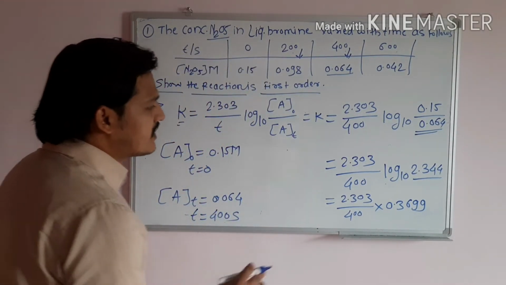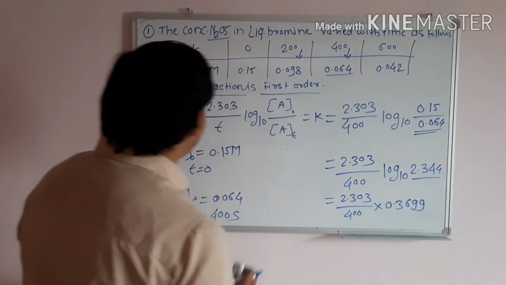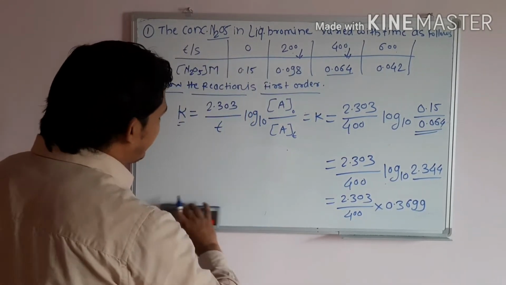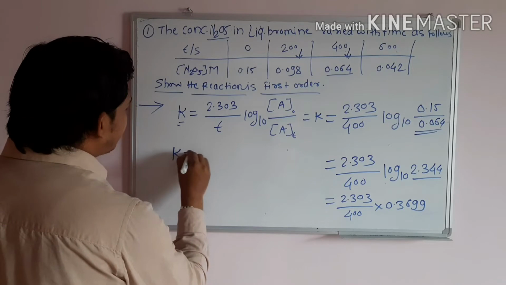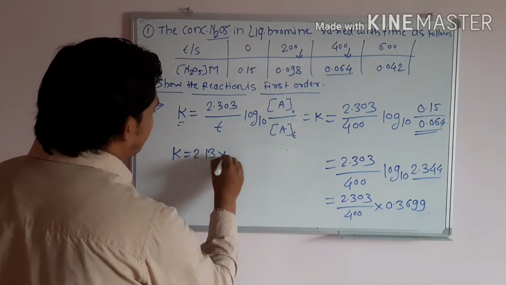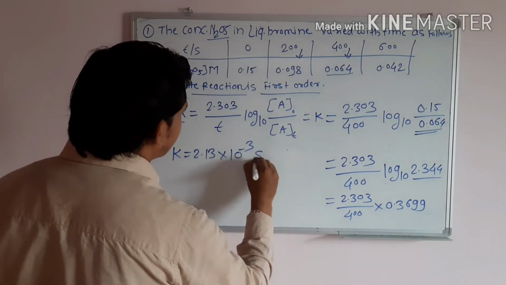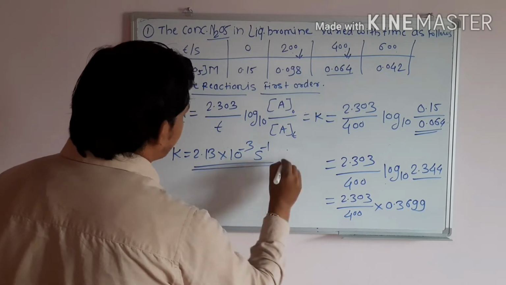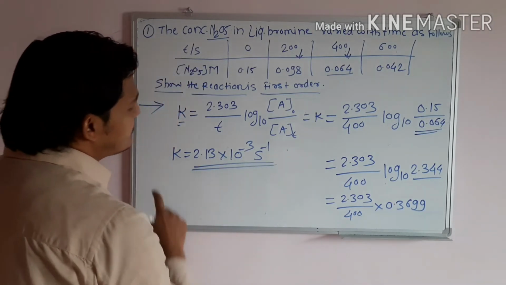Okay. If we solve this, multiply and divide this, we will definitely get the same answer. That is k is equal to 2.13 into 10 to the power minus 3 second inverse. We will get definitely this answer.